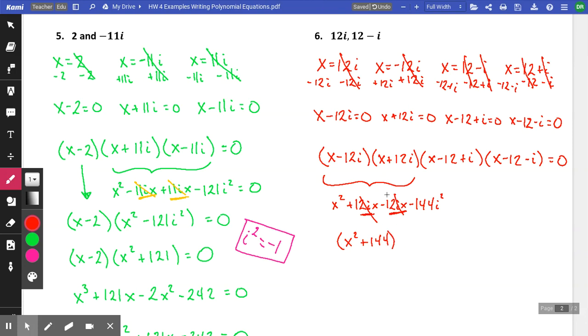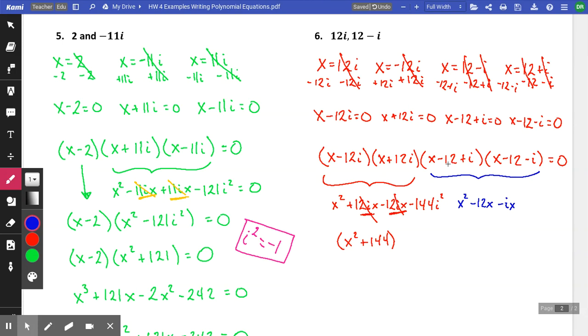Now, we can also multiply these other two factors together. It's getting a little scrunched, so I'm going to change the color here. Let's multiply these factors together as well. And so when we do that, we're going to take x times x to get x squared. x times negative 12 is a negative 12x. x times negative i is negative ix.